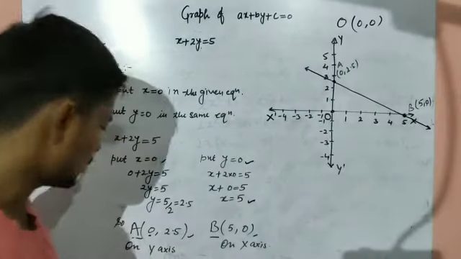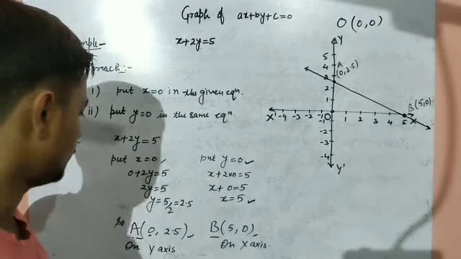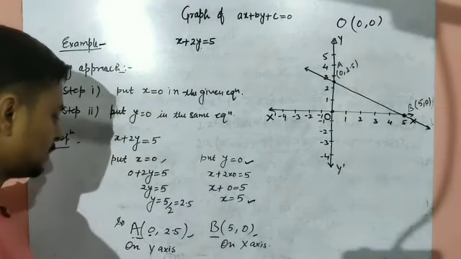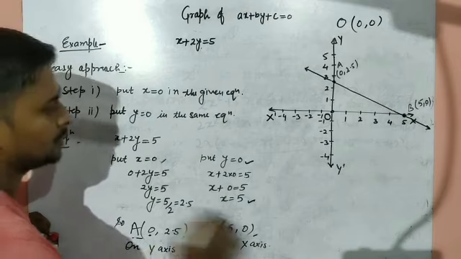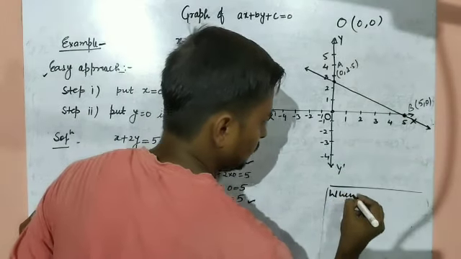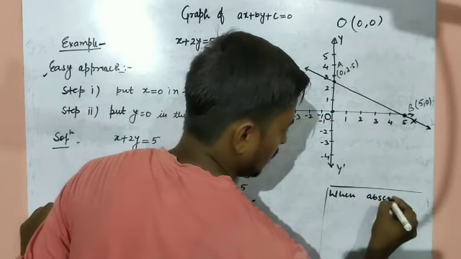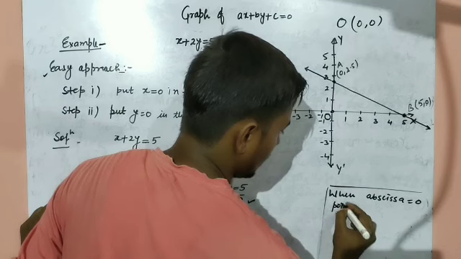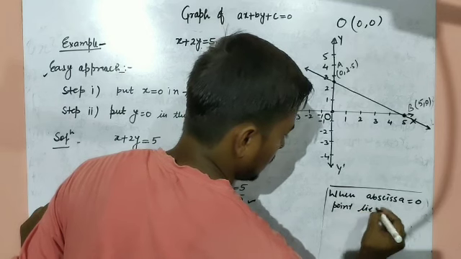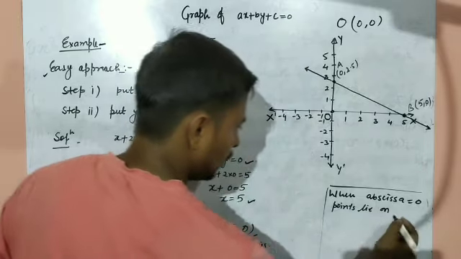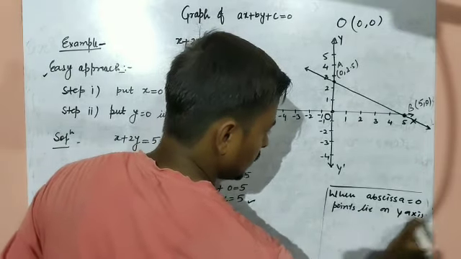Once again, for those students who are feeling some difficulty to plot the point, the easy process is to just learn this: when abscissa is equal to 0, points lie on the y axis.